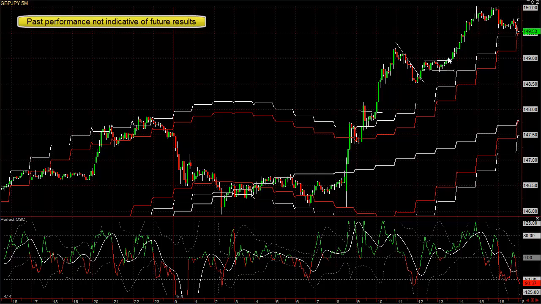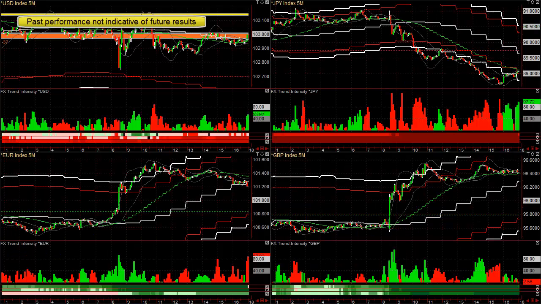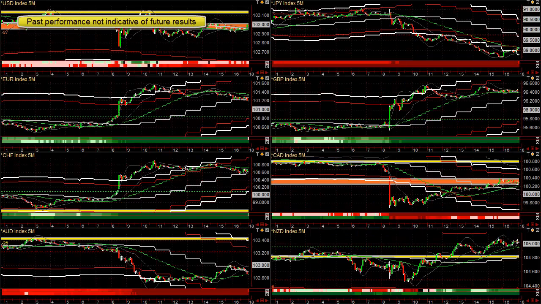So if you buy, you can have a super tight 4 to 5 pip stop. If it doesn't work, you're out 5 pips. Big deal. If it does work, as you can see in this one, it went from 149 to 150. If you want to take a shot at some of these higher risk trades, trade smaller lots and use faster time frame charts. But the point is, the currency indexes really make trading easy.